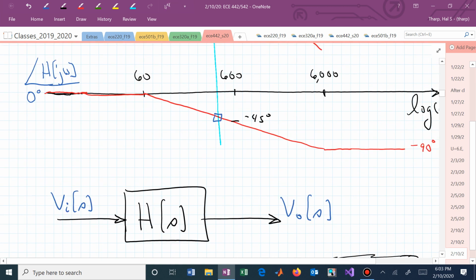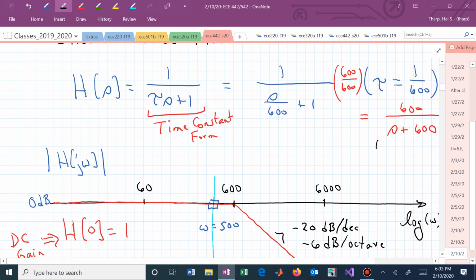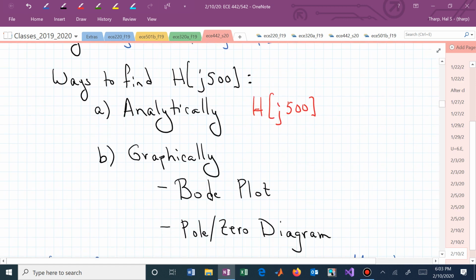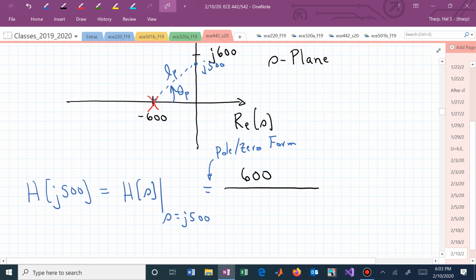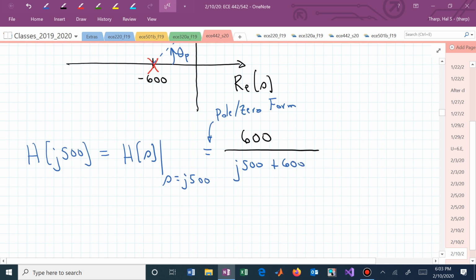This is our pole zero form, and we're replacing s with j500, which means down here we have j500 plus 600. That's typically not how we view a complex number. We usually have real plus imaginary, but you can interchange those. So now this is 600 over L sub p at an angle of theta p.